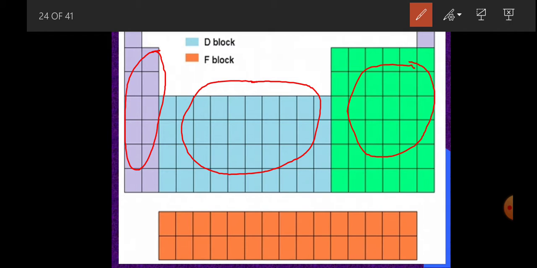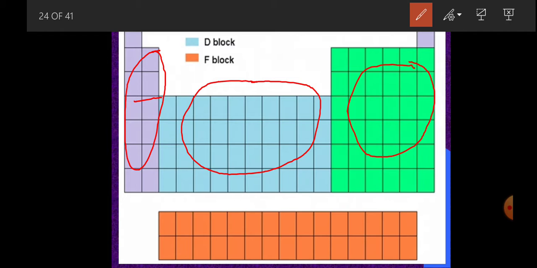The first portion at this end, they are simply metals, or you can call them S and P elements.